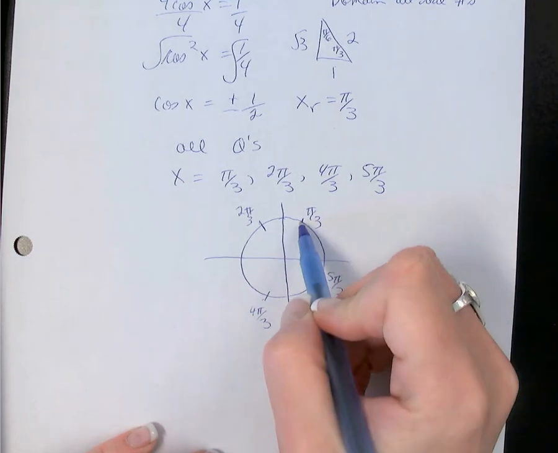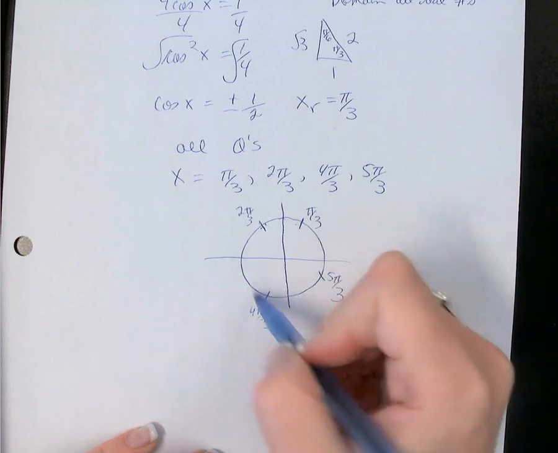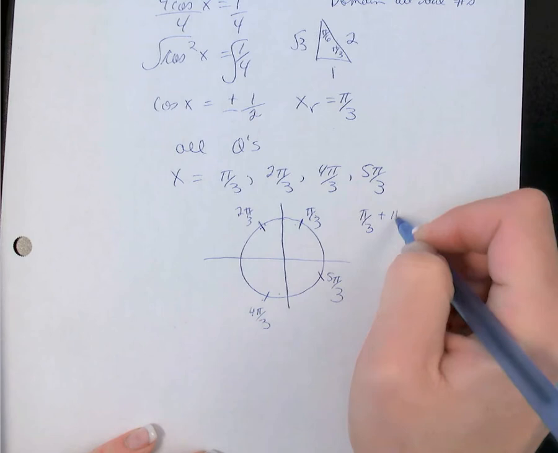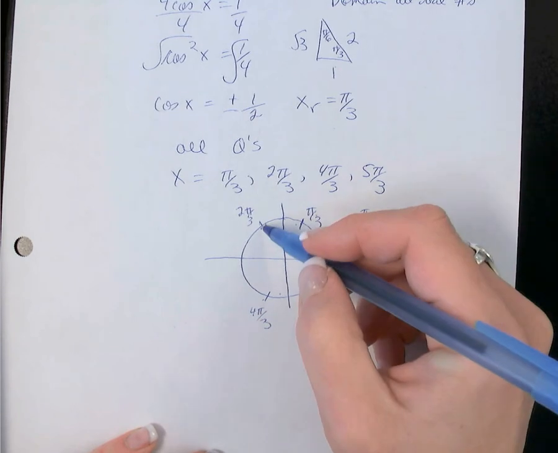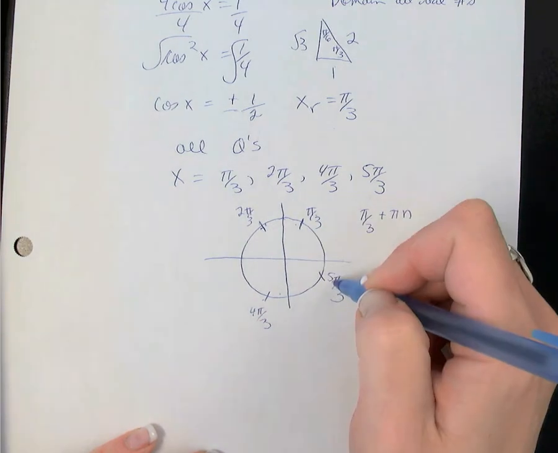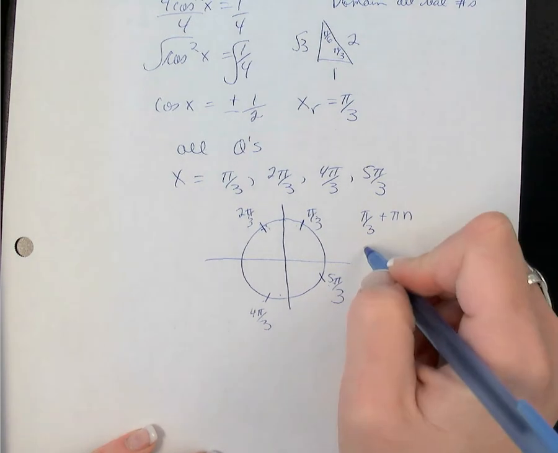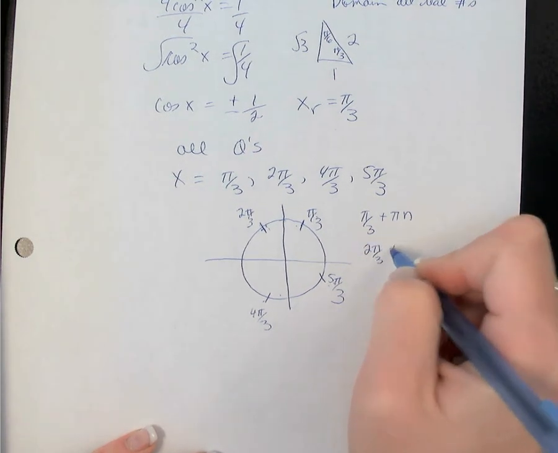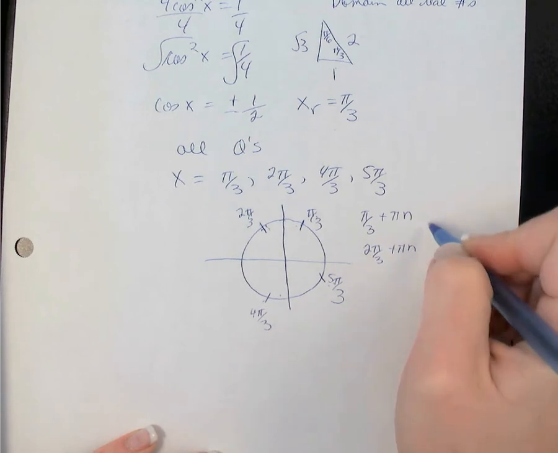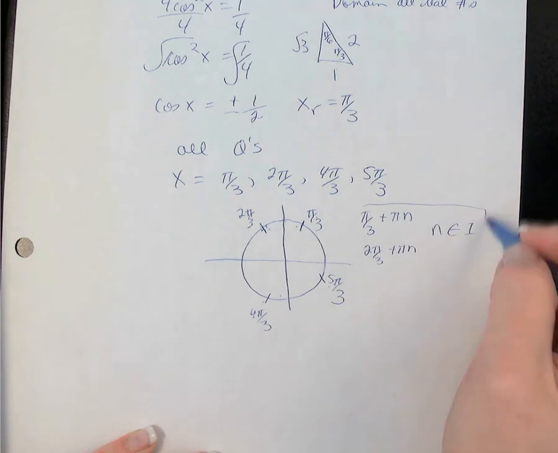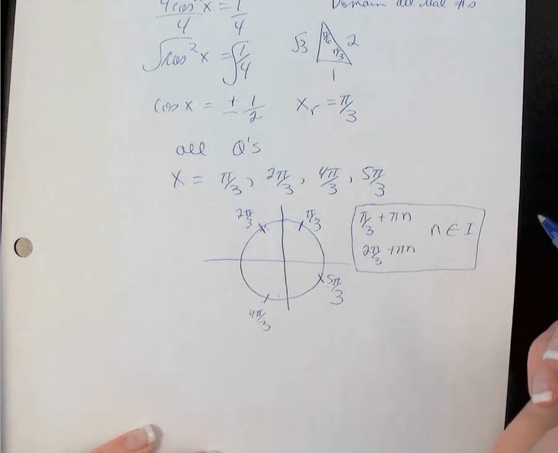Pi by 3 and 2 pi by 3 are not, but this distance is. So we could say pi by 3 plus pi n. We also notice that 2 pi by 3 and 5 pi by 3 are also a distance of pi apart. So we could actually say 2 pi by 3 plus pi n as well, where n is an element of the integers. So that's what our answer could look like, but there's more choices than that.